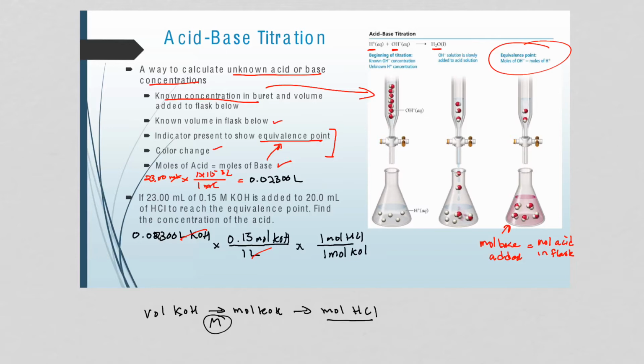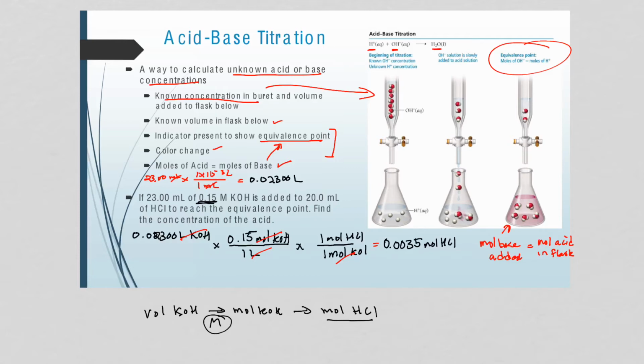This serves to change my units. If I do that math, I end up with 0.0035 moles of HCl, with 2 significant figures because I'm limited by the molarity of the KOH, which had only 2 significant figures. Now I have my moles of HCl.